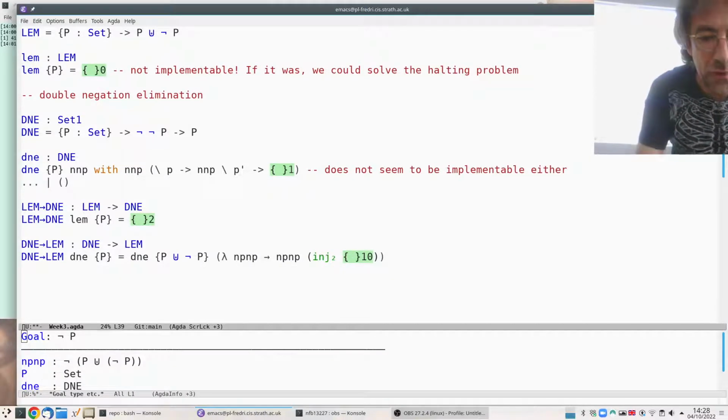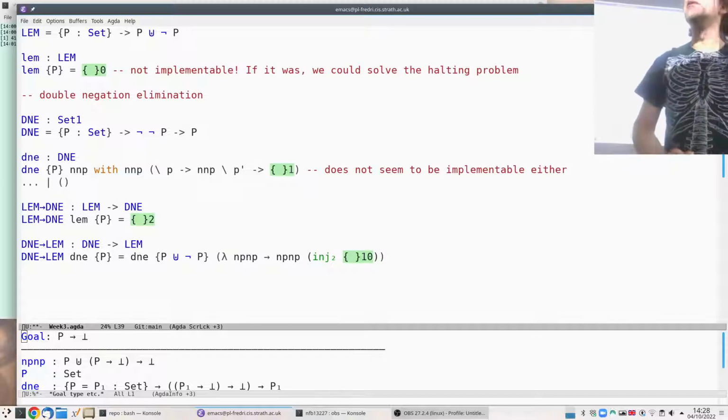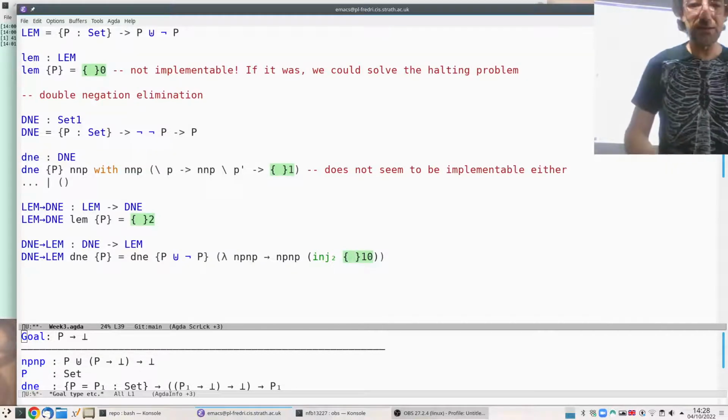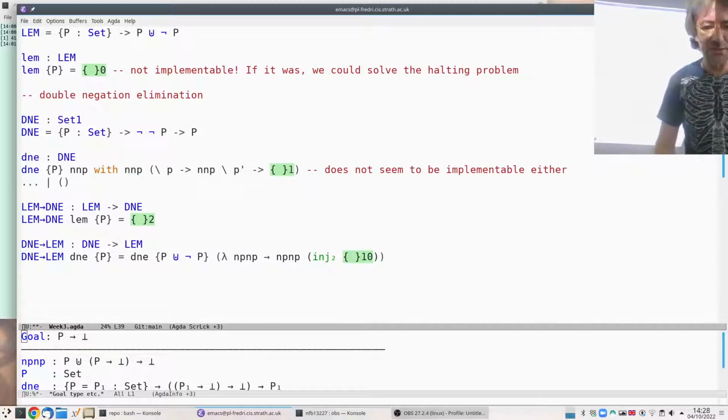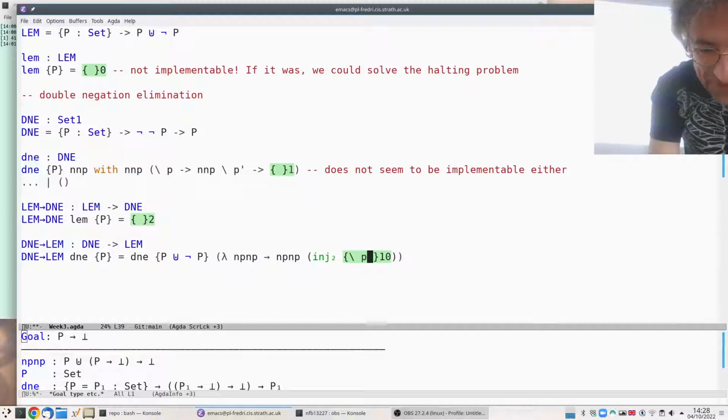Okay, now I have to prove not P, which is really P implies false. So that's fantastic. You can tell it's a double act between Fred and me because there's lambdas and backslashes.